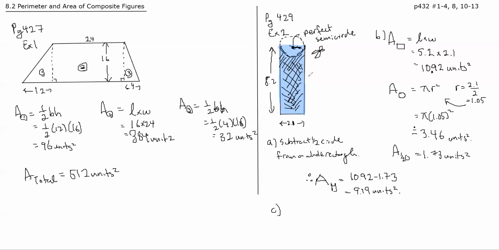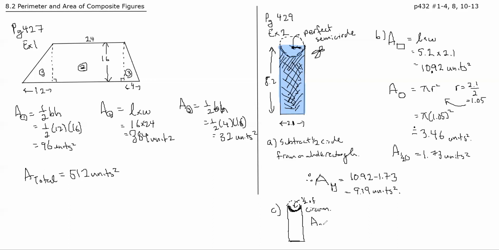Part C asks, what is the perimeter of that shape? So I would have to add 5.2. I would add 2.1. I would add 5.2. And then I got to figure out what distance I actually traveled. And this time we're not talking about area. This is half of the circumference of a circle. So let's calculate that.